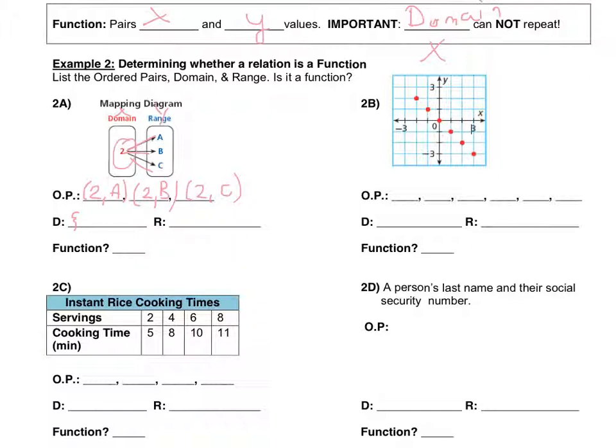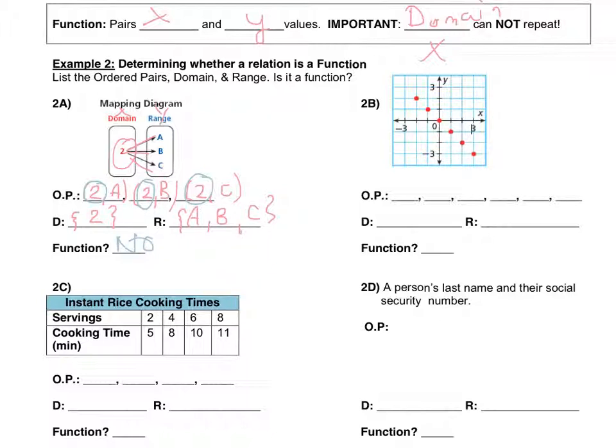Since there's only one element in the domain, we just need to write the 2. And for the range, we have A, B, and C. It's also important to write the domain and range values in numerical or alphabetical order. Is this a function? No. The fact that the domain repeats 2, 2, 2 over and over makes that not a function.